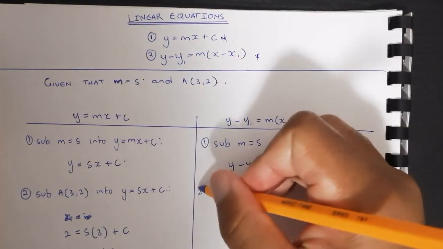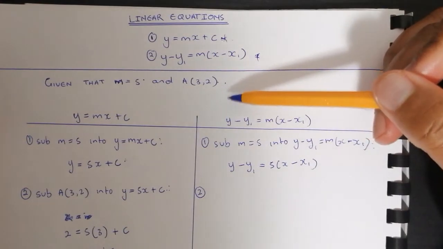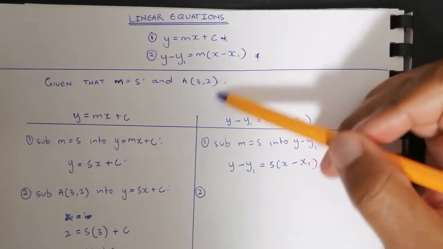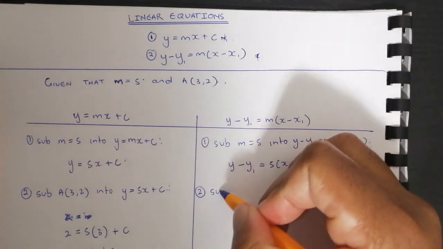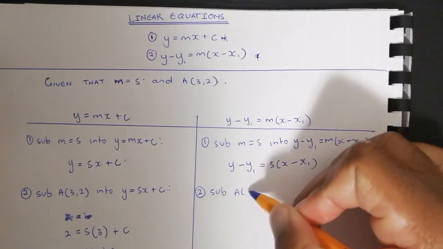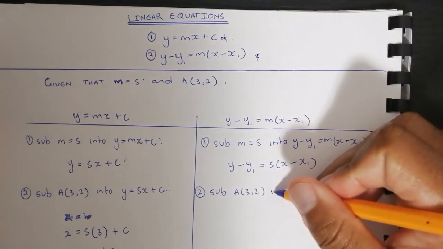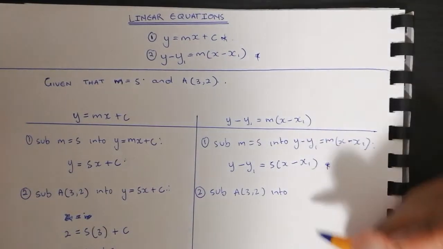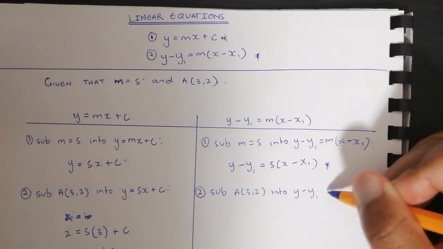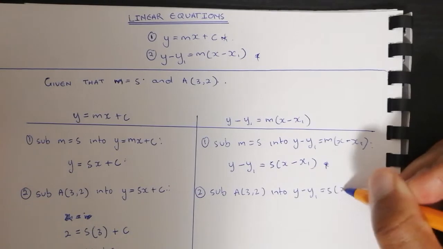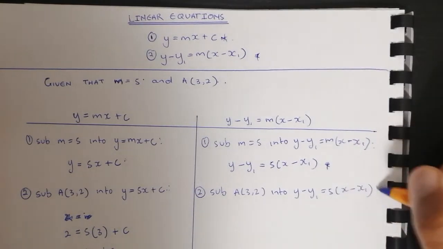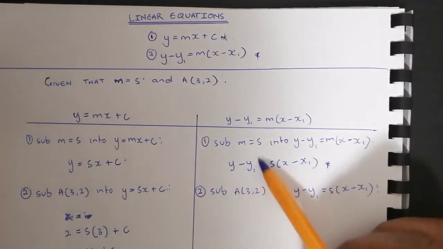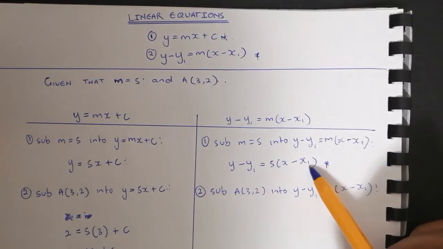Then second step, we're going to use now the value of A. We're just going to substitute this point, A 3 and 2, into this formula. So we have y minus y1 equals 5 times x minus x1, and where you substitute is where we have y1 and x1.